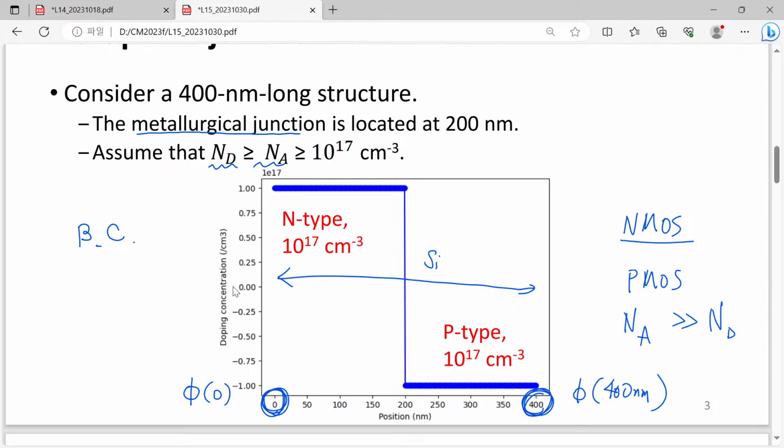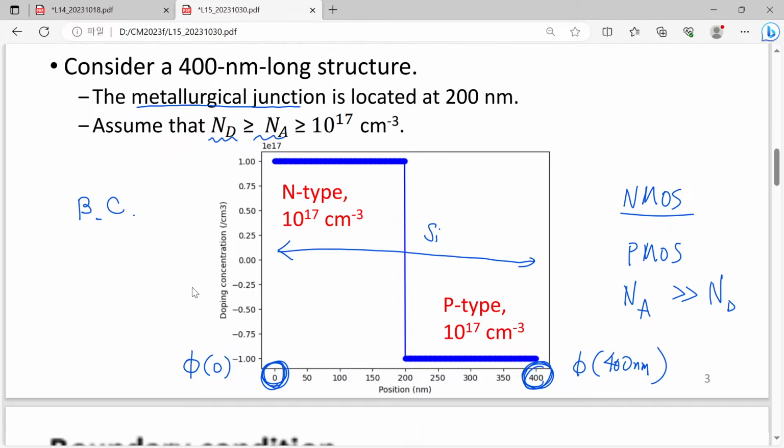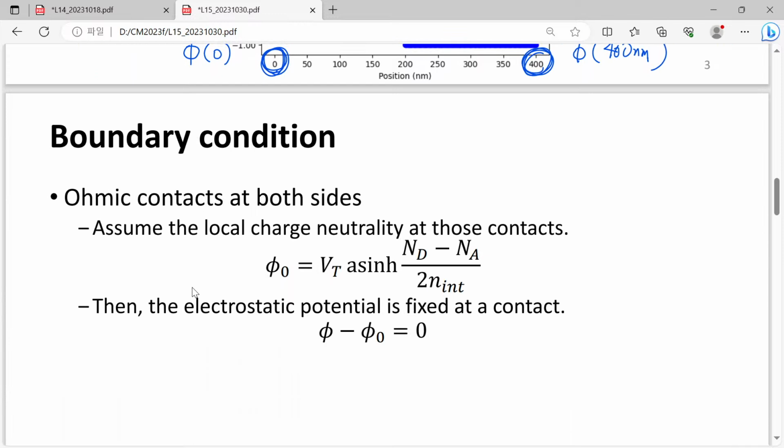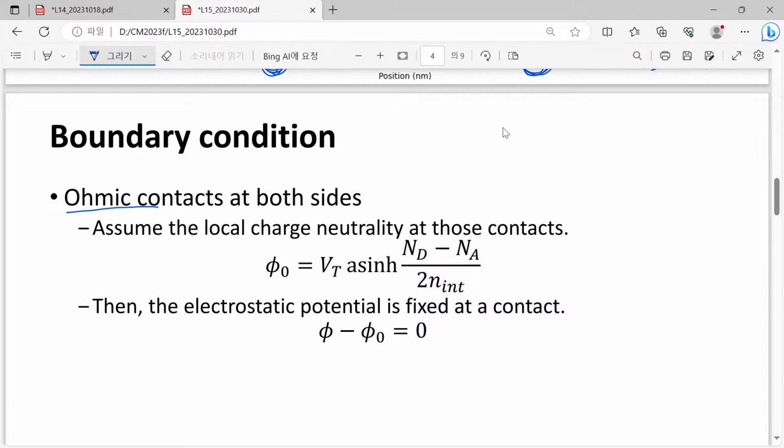So instead of that, we must find another boundary condition for ohmic contact. Please note that the boundary condition we have considered up to now was for our metal oxide interface. Now instead, we want to consider the metal semiconductor interface, the contact.